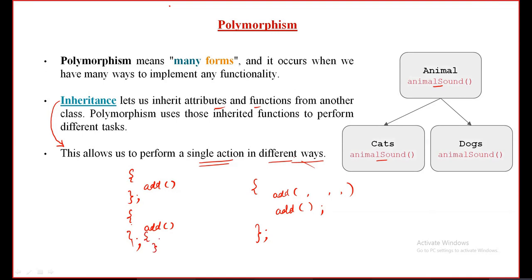Only then can I say the base class function has been overridden by the derived class function. I hope the basic idea is clear. On the right hand side, what you can see is called function overloading, and this particular scenario is called function overriding.